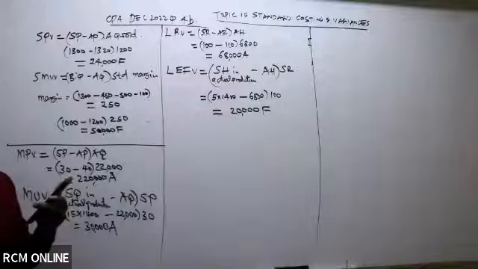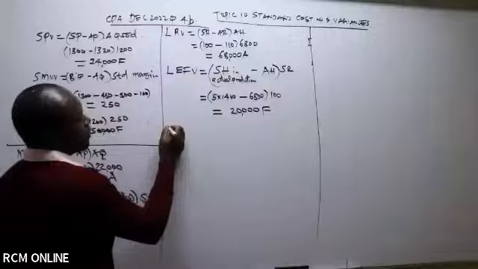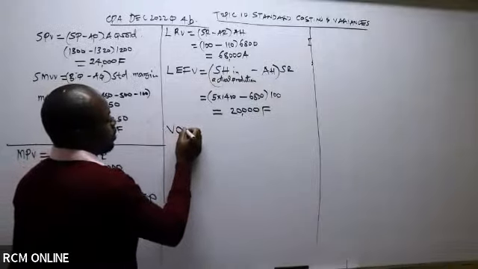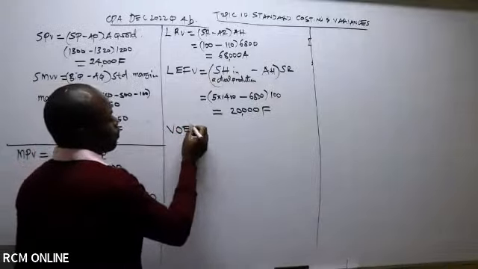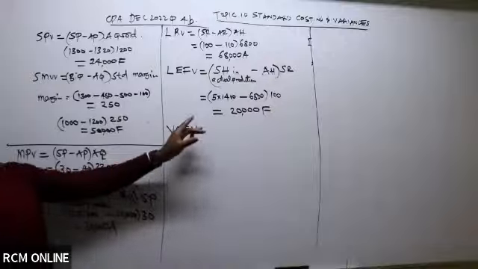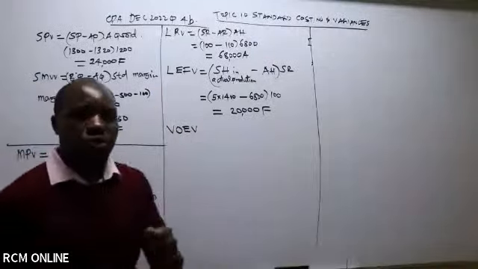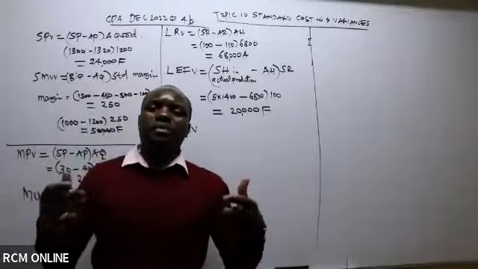Yes, we have everything with us, so we can go ahead and do it. Variable overhead expenditure variance. We don't talk about variable overhead rate variance; it is variable overhead expenditure, because it is arrived at by looking at the absorption rate. Variable overheads absorbed.